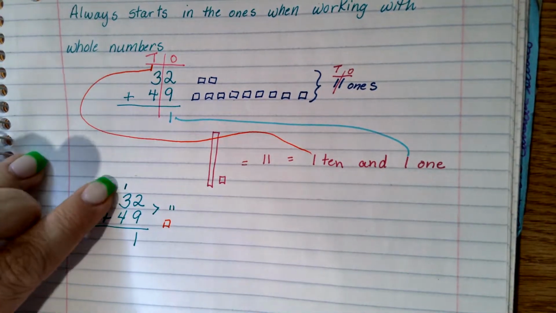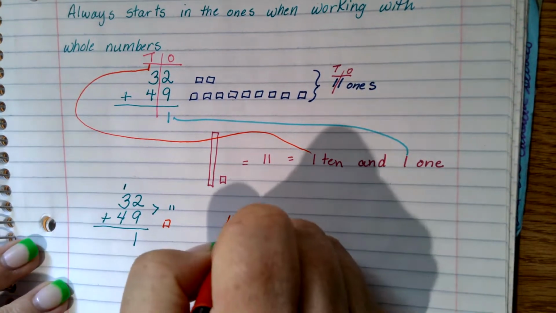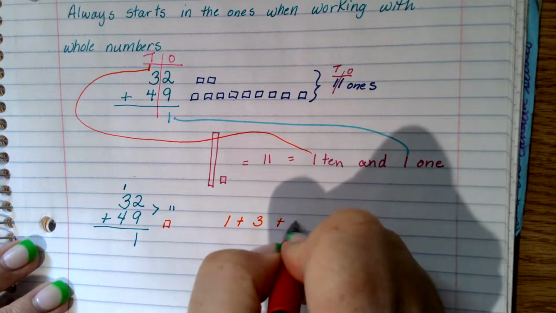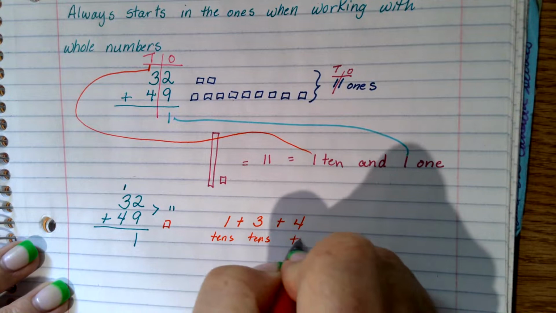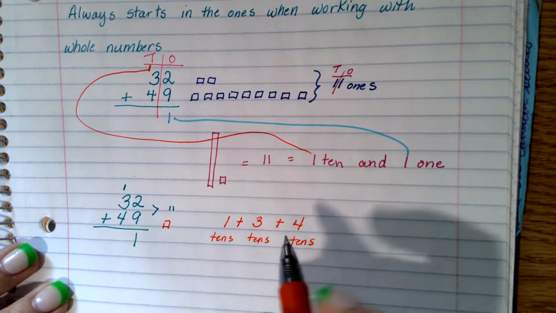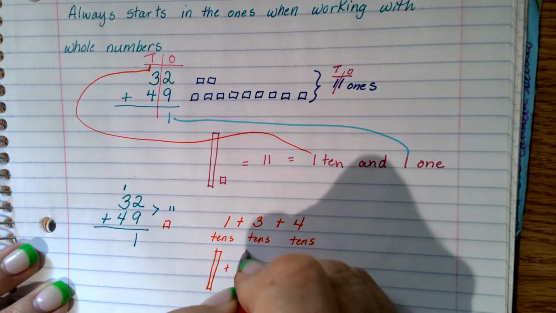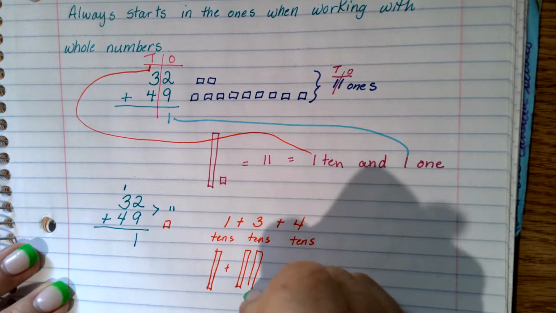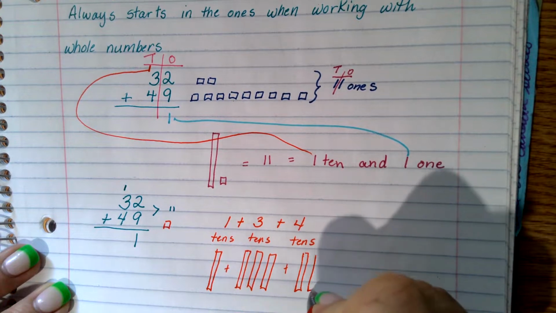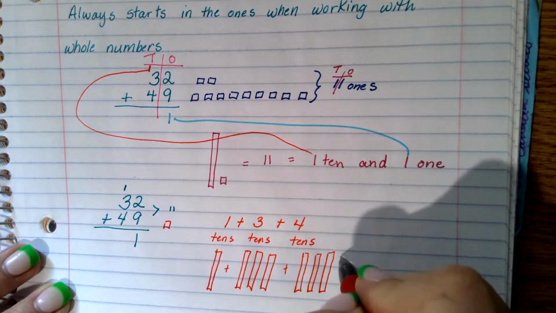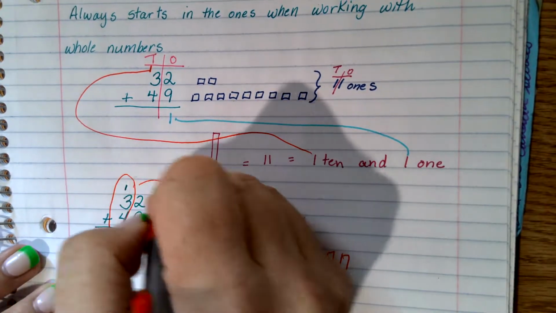Tens are rods, so I have 1 ten, 3 tens, and 4 tens. 1 ten plus 3 tens plus 4 tens. Even though that looks like 1 plus 3 plus 4, what it really is is 1 ten plus 3 tens plus 4 more tens.